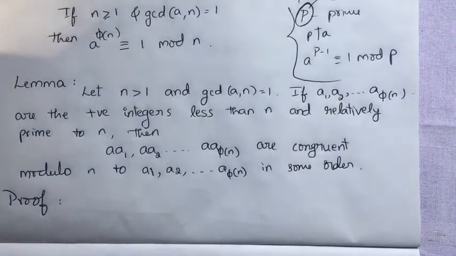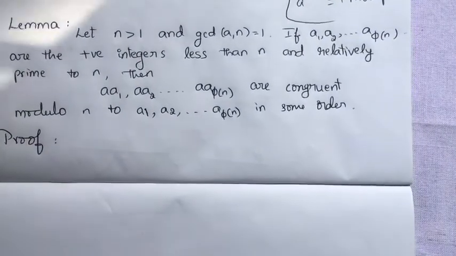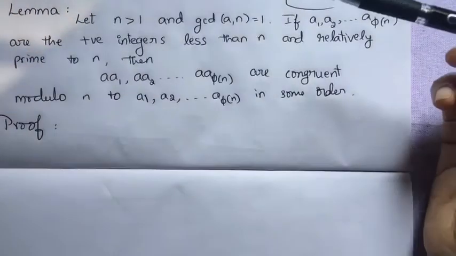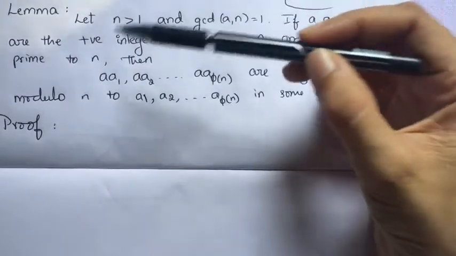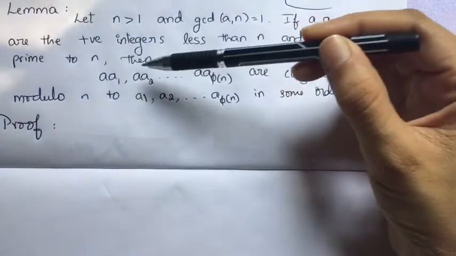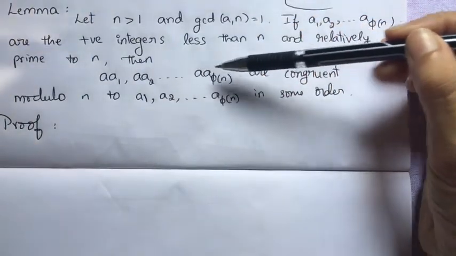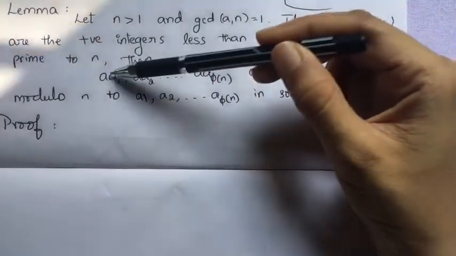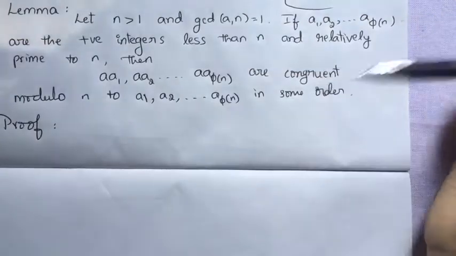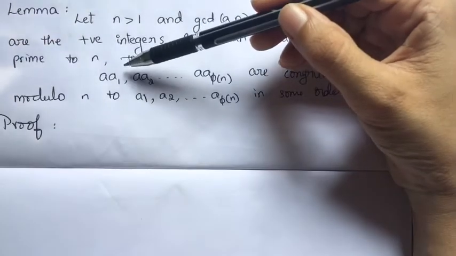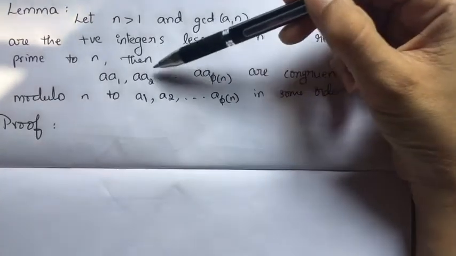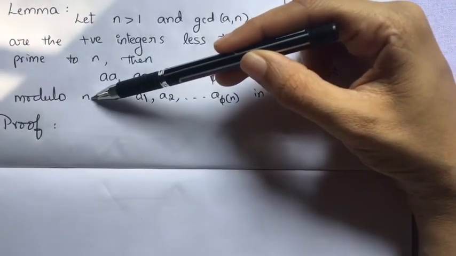So how is it possible? Let us see. You can observe one thing: among a1, a2, up to a phi of n, no two of them are congruent modulo n. I mean, this cannot be congruent to any of these with respect to modulo n.